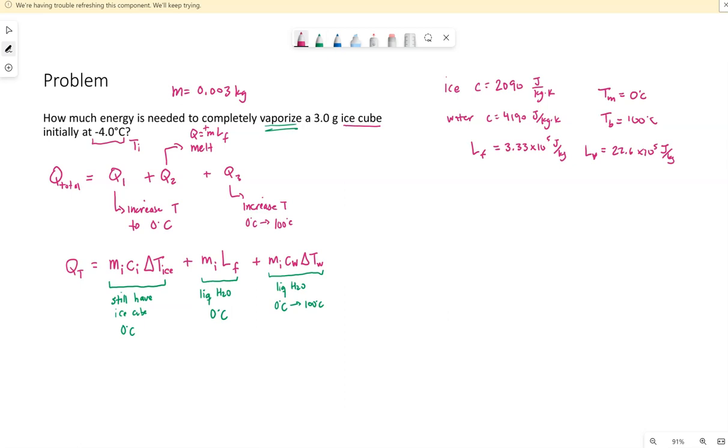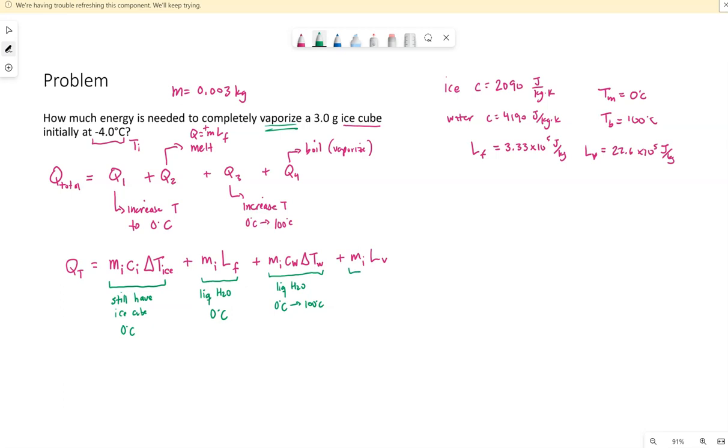So we need one more term. We need a Q4 to boil. We need to vaporize all the liquid water and turn it all into gas. So we need the energy required to change it all from liquid to solid. Just kidding, sorry, liquid to gas.